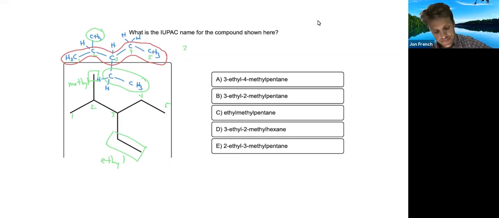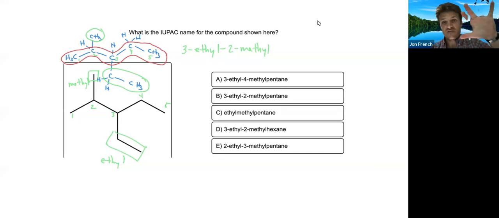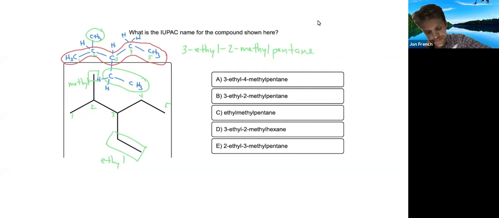So we would say, I've got 3 ethyl, 2 methyl. So I've got an ethyl group on the 3rd carbon, a methyl group on the 2nd carbon, and my main chain is 5 carbons long. So pentane. So taking a look, right, that looks like it's choice B, right? 3 ethyl, 2 methyl, pentane.